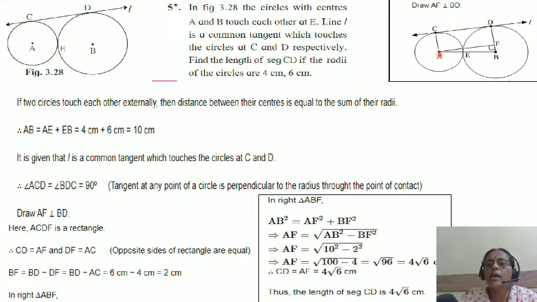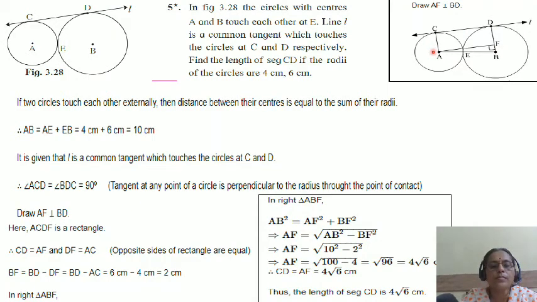So ACDF is a rectangle. C is 90, D is 90 and AF is perpendicular to BD. This is also 90. So angle CAF is also 90. So it is a rectangle. CD is equal to AF and DF is equal to AC.